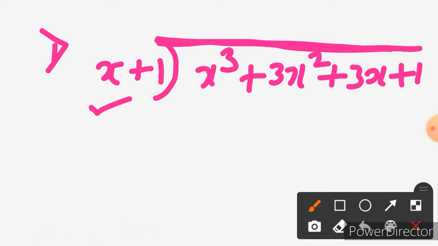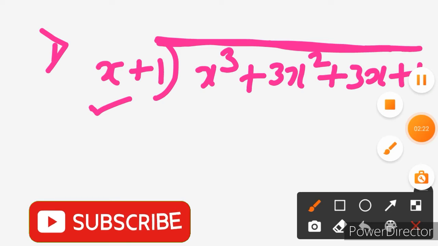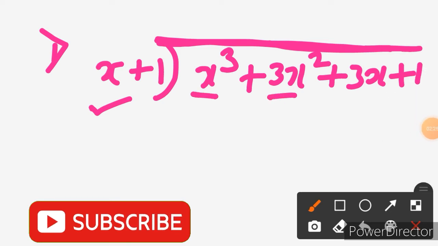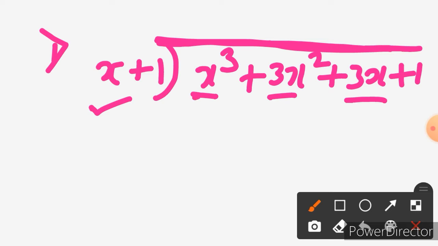The method is very easy here. All you should do is make the highest degree term, the highest power term, cancel in each step. By making the first terms in the polynomial expression the same, you can easily cancel the terms.